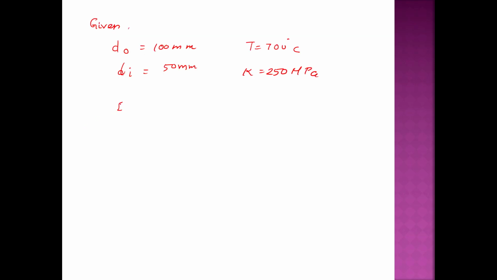So this is the extrusion force, F equals K A0 ln(A0 divided by AF), that is the initial area divided by the final area. So we can write this with the initial diameter and final diameter.